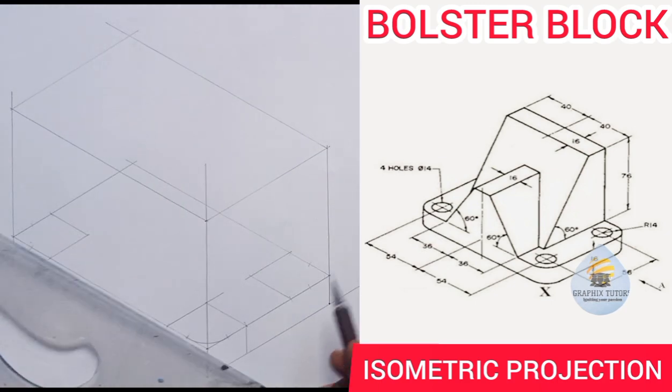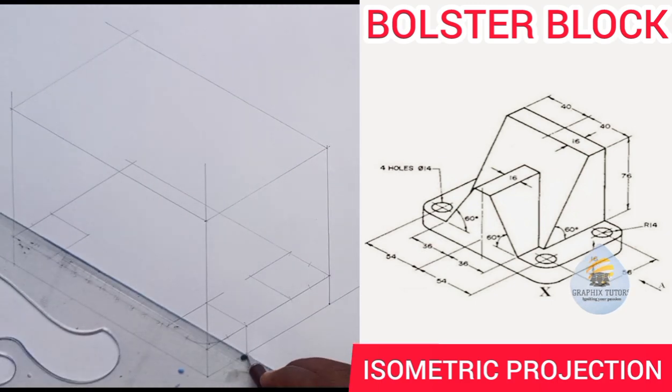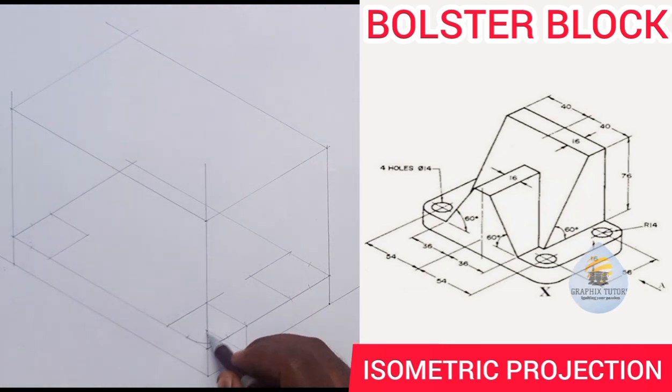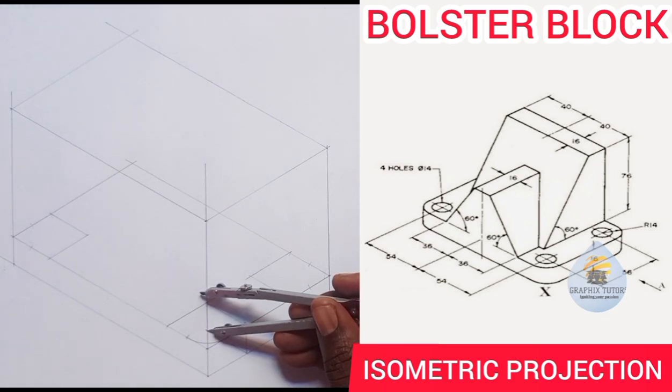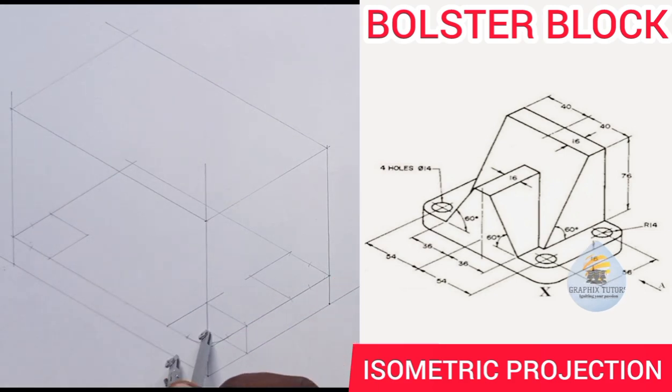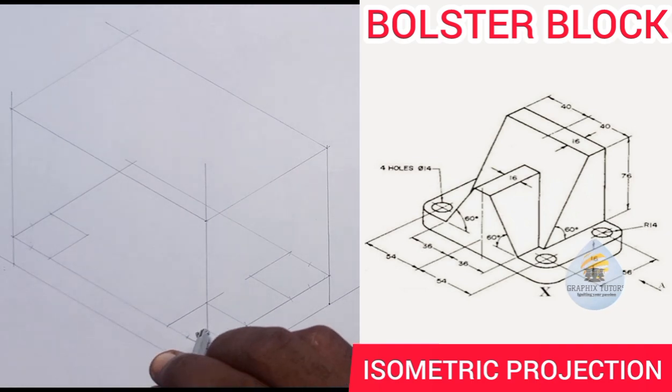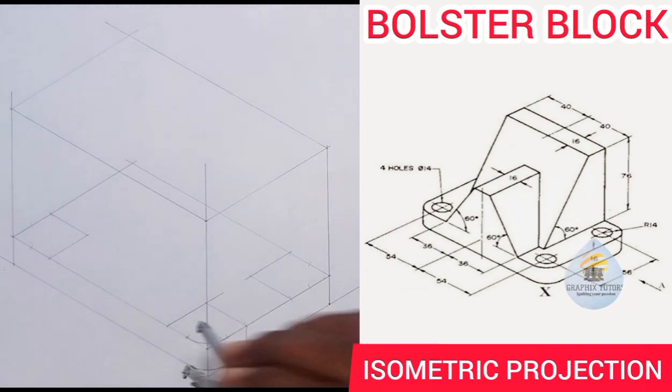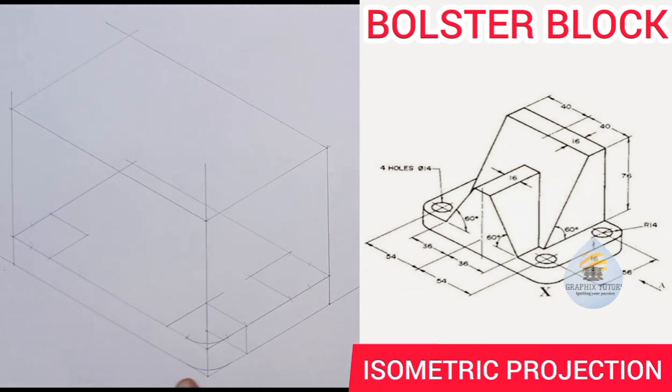Then when you join this to this point, where it meets here, that is where you place your instrument, your compass, and you get another one here. Hope you can see that. That is the fillet that we have.